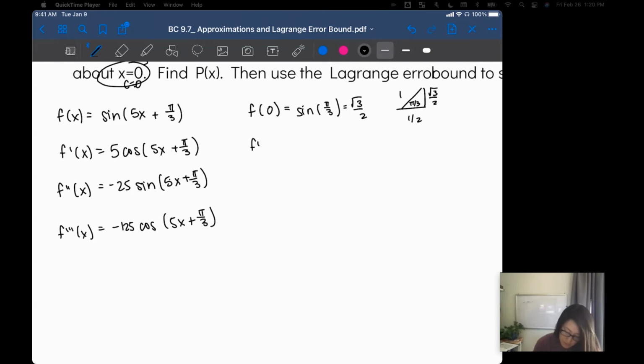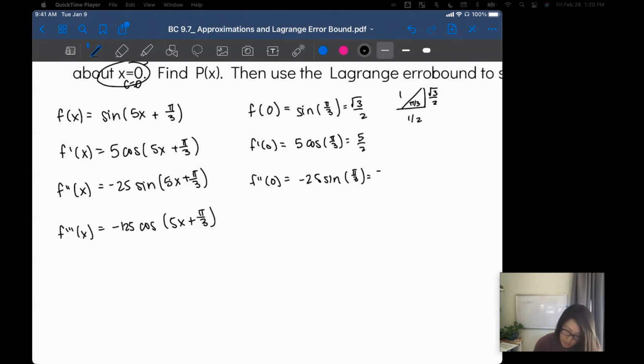F prime of 0 is 5 times the cosine of pi over 3, which is 5 times 1/2, so 5 over 2.